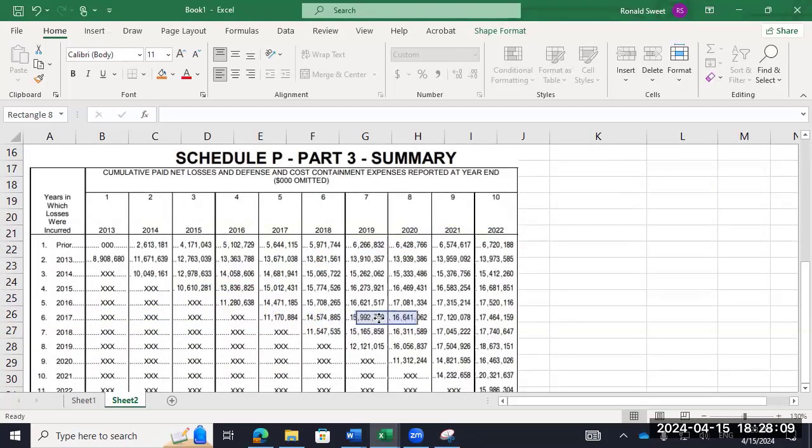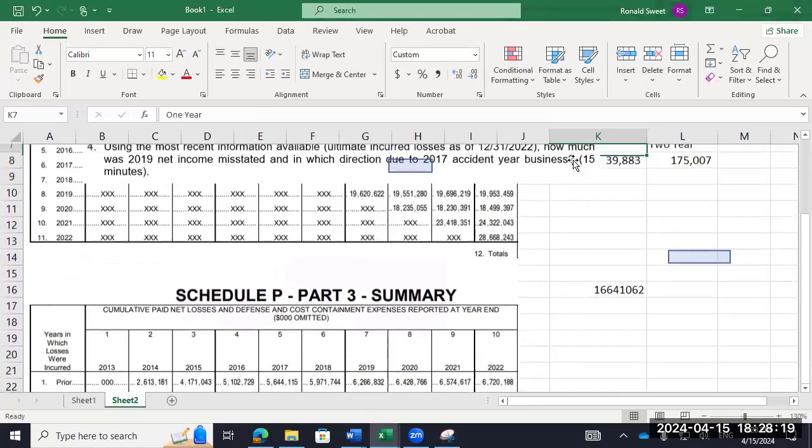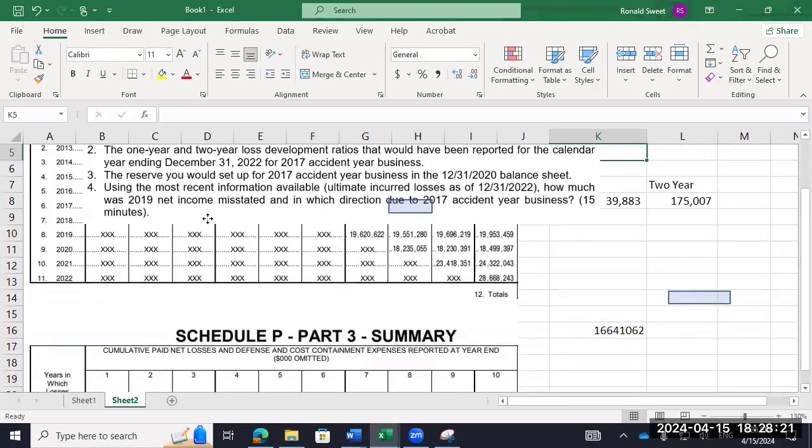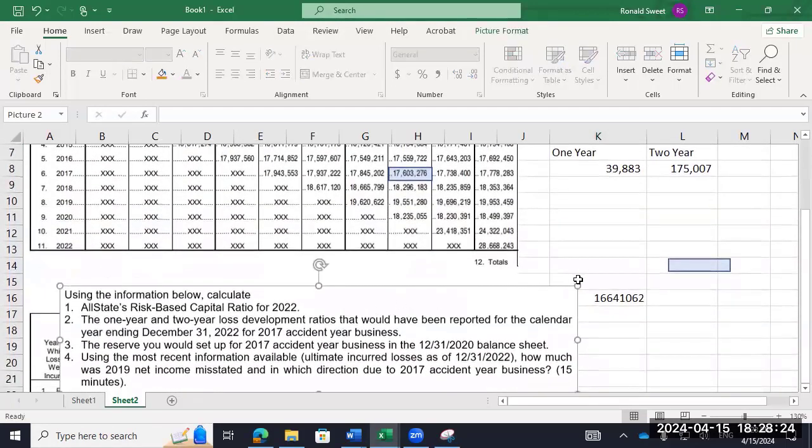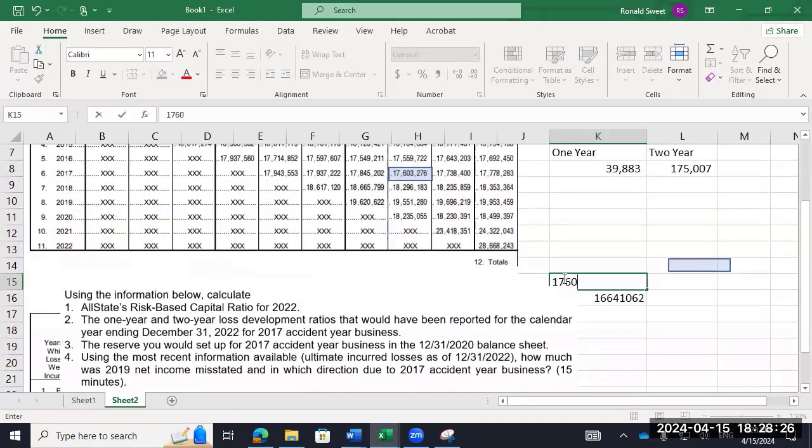So here we have 16,641,062. And up here we have 17,603,276.